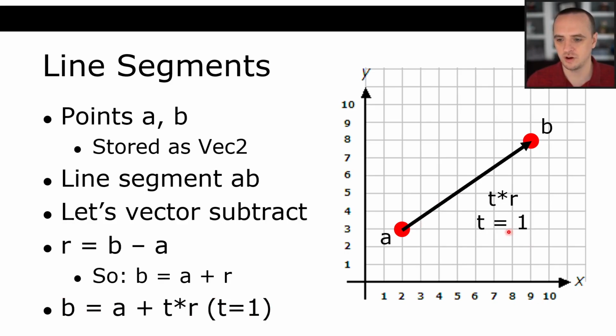So we have A and B, and R is equal to B minus A, and B is equal to A plus T times R when T is equal to 1, because B is equal to A plus R. So A plus T times R is satisfied when T is equal to 1. That's it. It's pretty basic, but we will see where this is going to take us.